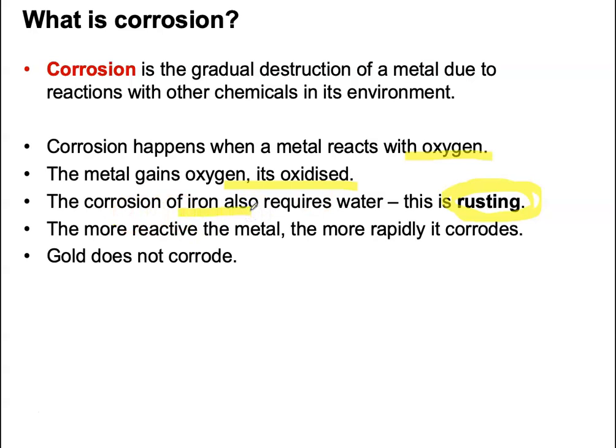Iron rusts. You could say iron corrodes. Corrosion requires oxygen and water. So for iron to rust, you need oxygen and water. The more reactive the metal, the more rapidly it corrodes. Gold does not corrode. Hence, gold is valuable and used in jewelry, because it will not corrode.